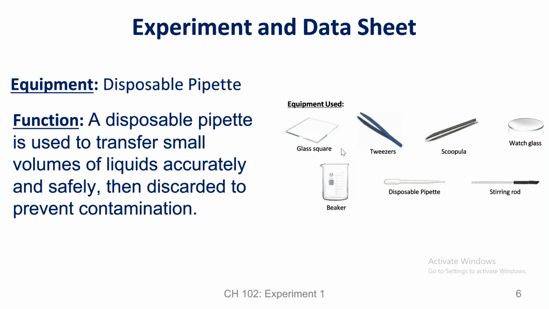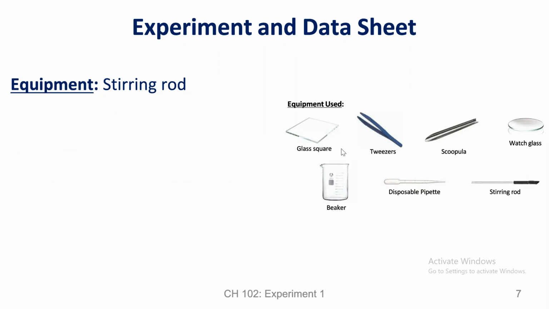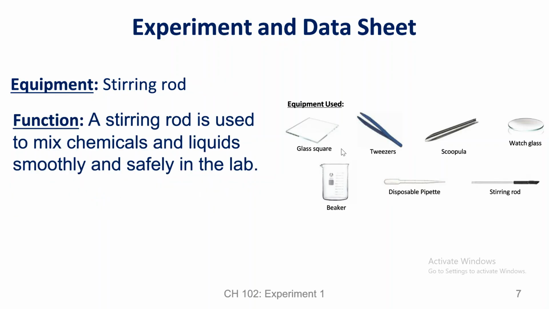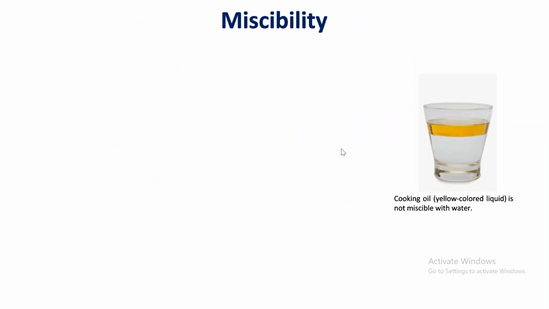We'll be using this in today's experiment in order to transfer liquids to measure their miscibility in water. And the last one is the stirring rod, which is used to mix chemicals and liquids smoothly and safely in the lab.